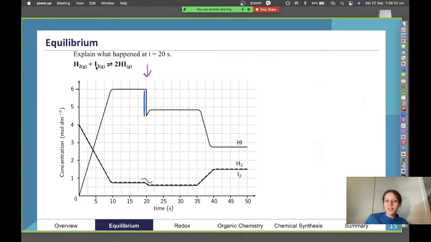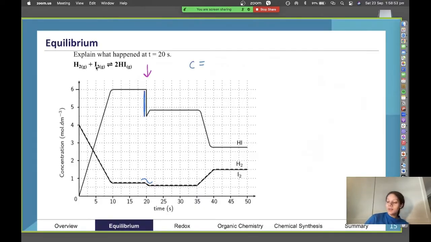So it seems like we've done something to the HI. Because we have a spike in that HI going down, that's suggestive that we've just decreased the concentration quite suddenly, because you can see concentration is just dropping immediately. If we had a spike in our reactants as well, a sudden change in concentration, because C equals n over V, that would be suggestive of a change in pressure or volume, where we've changed volume for everything, so that's going to change concentration for everything.